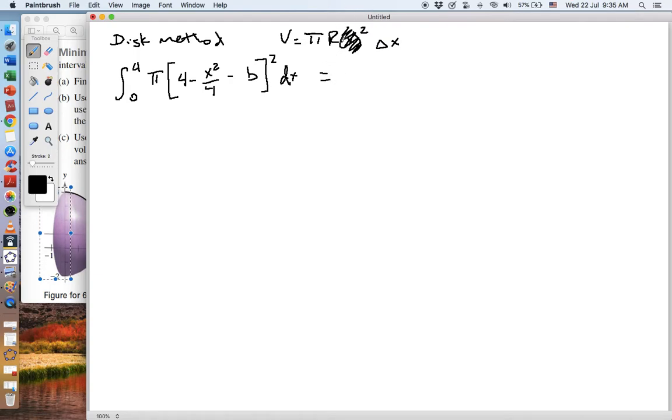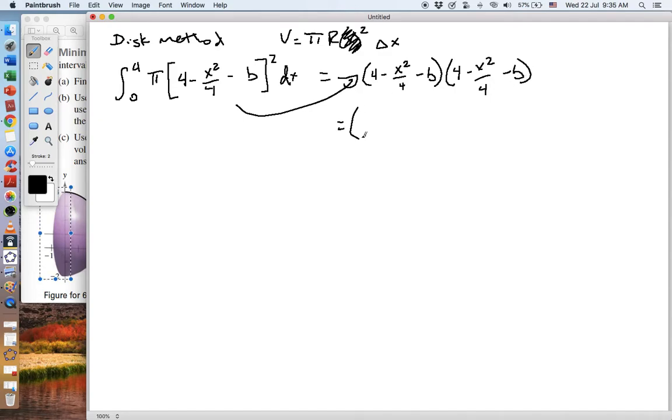And so you can carry out some of the algebra here. Let's square this. So we're just going to do like a FOIL with 3 parts. So we've got 4 minus x squared over 4 minus b times 4 minus x squared over 4 minus b.